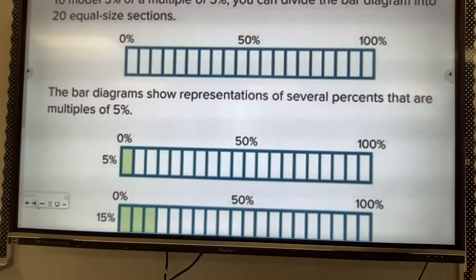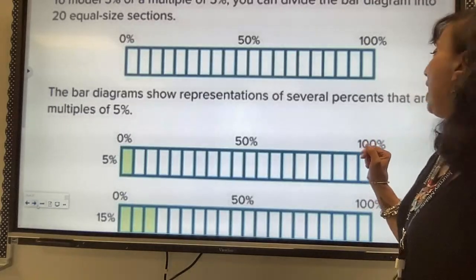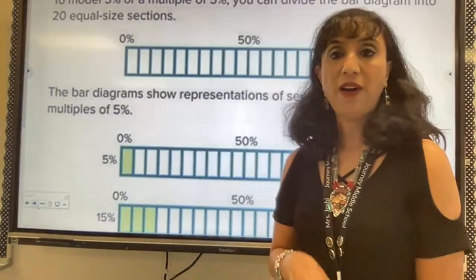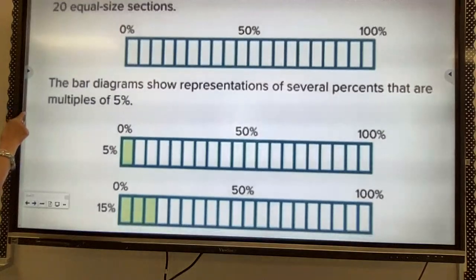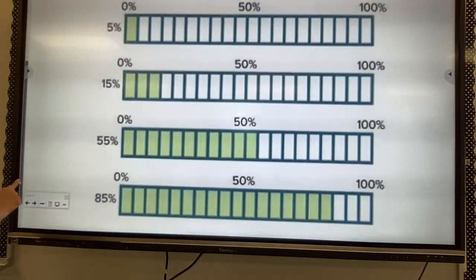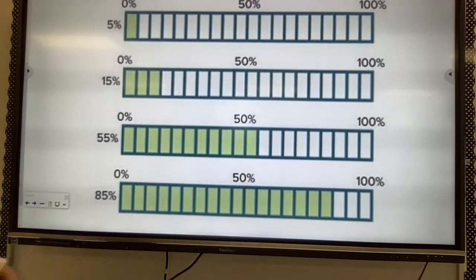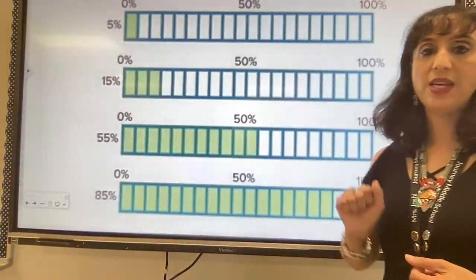And like you can see, the bar diagram shows representations of several percents that are multiples of 5%. So it makes it a lot simpler when I have 20 parts. Here are some examples that I wanted to show you. Each is like 5 because these are all multiples of 5. So I have 5% there.